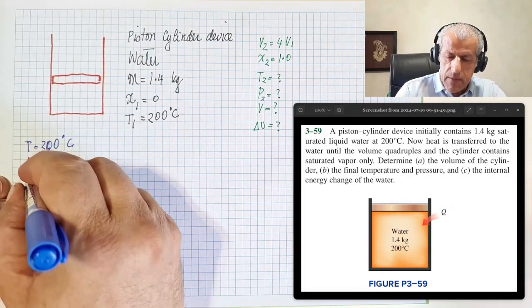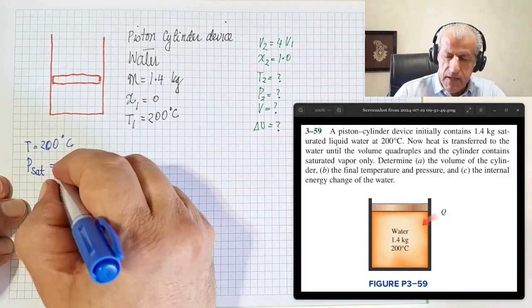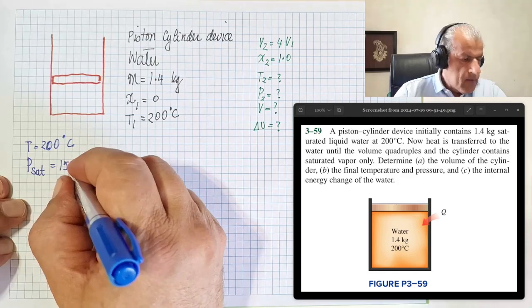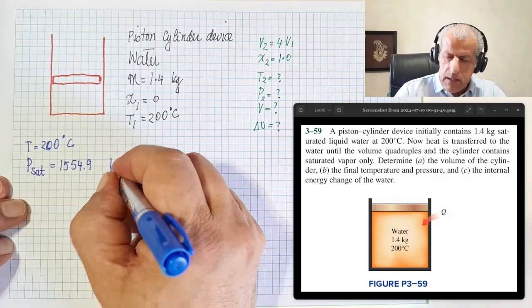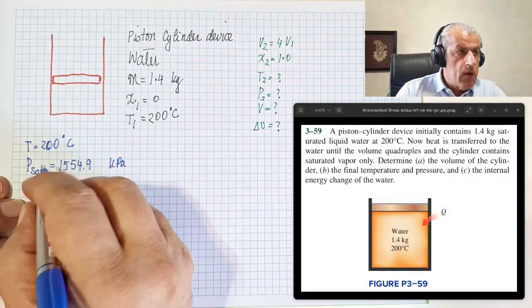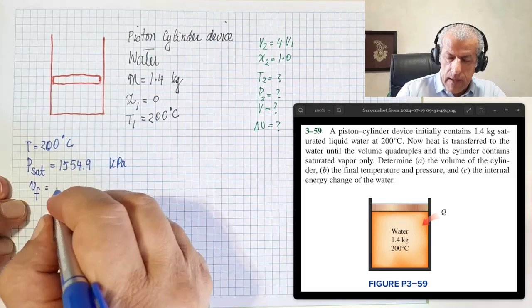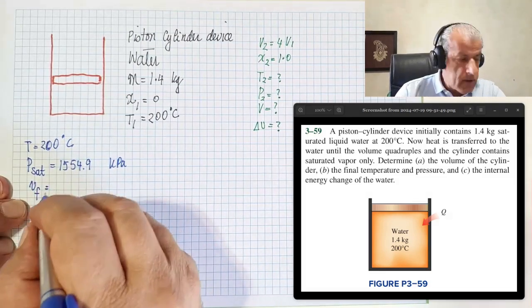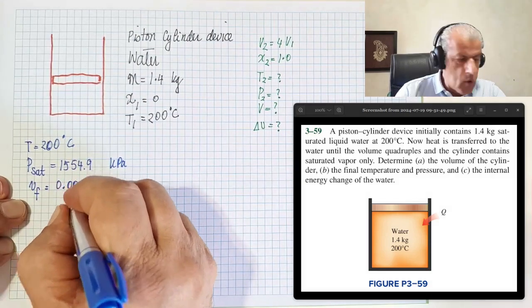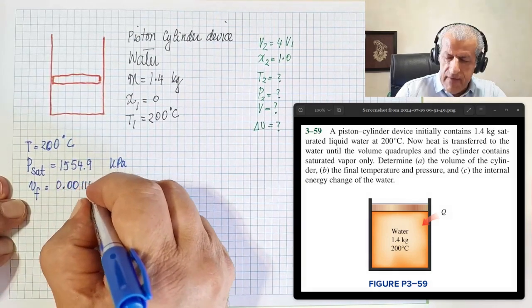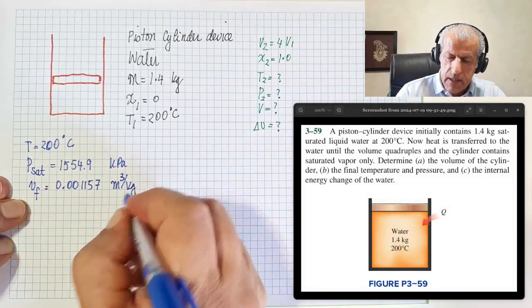We know that Psat equals 1554.9 kilopascal. We know that Vf, the specific volume for saturated liquid, is 0.001157 cubic meters per kilogram.